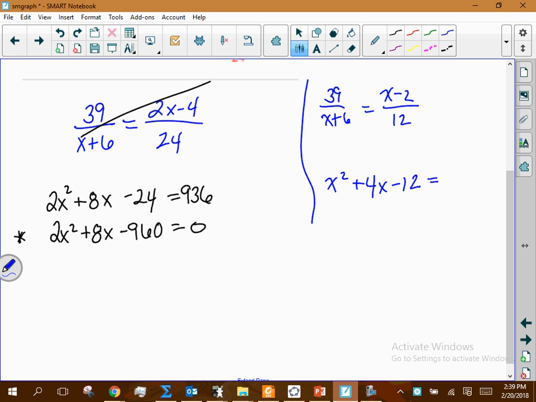And 39 times 12 gives me 468. Okay. I'm going to remove that 468 from both sides. And I get x squared plus 4x minus 480.